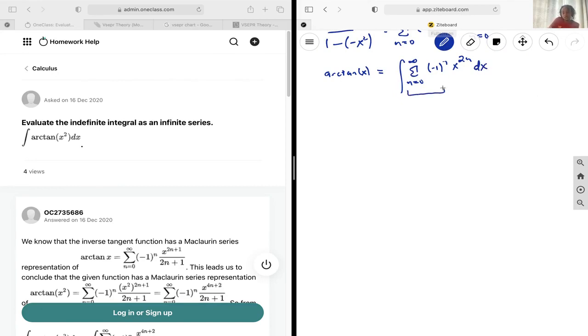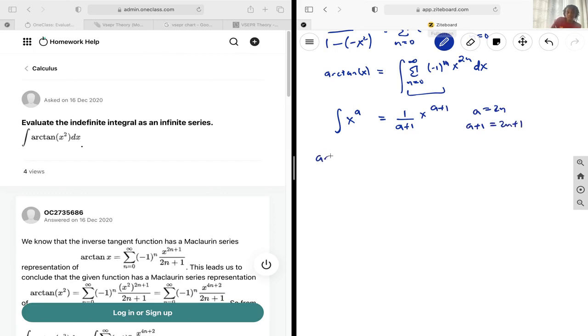Because these two don't really involve any x dependence, the only thing that we're going to be really integrating here is going to be the x to the power of 2n. And just remember that the integral of x to the power of a is going to be 1 over a plus 1, x to the power of a plus 1. In this scenario, our a is going to be equal to 2n, and our a plus 1 is going to be equal to 2n plus 1.